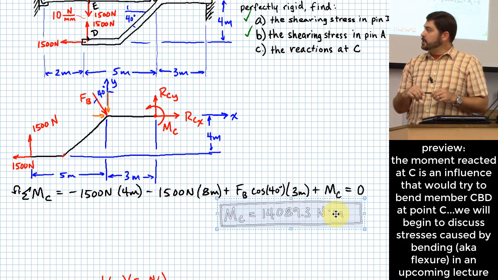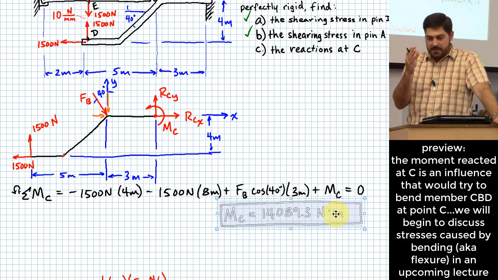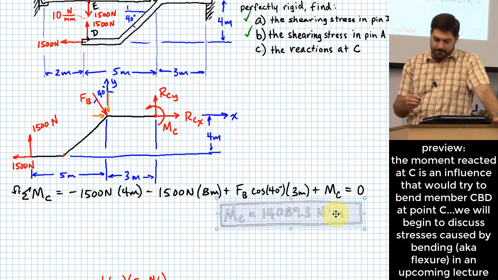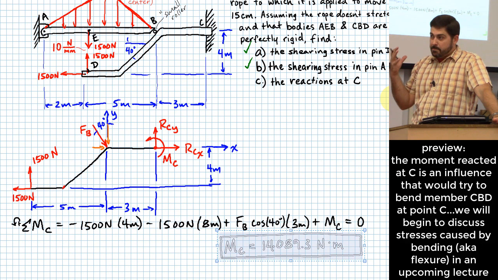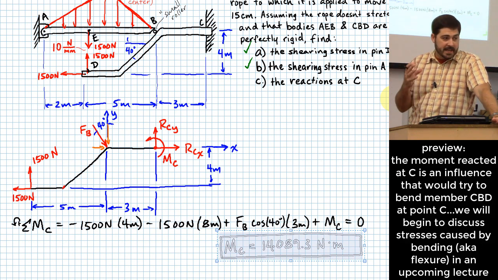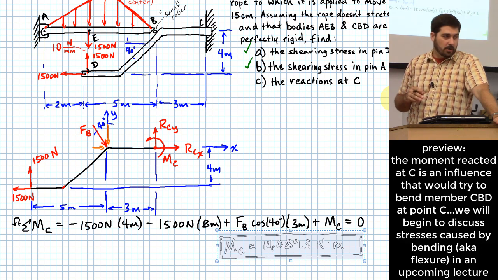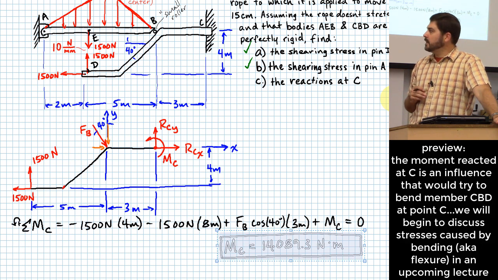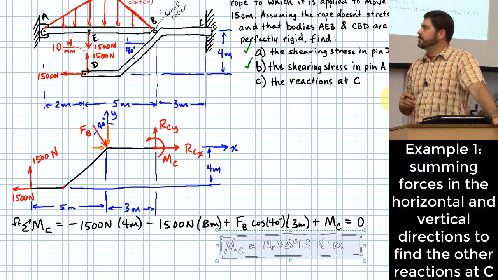So the moment we see acting there at the wall, if we're talking about its effect on member CBD, is a moment we could think of as a bending moment happening in that body. In other words, that's the moment that's going to try to bend this thing right where it comes out of the wall. So that's a little preview of coming attractions. Okay, or repulsions, right? Revulsions even. All right, so let's get on to the next phase.